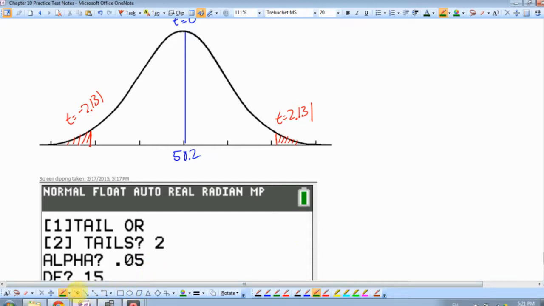Since this is a two-tailed test, the 1.13 could also be negative. It's negative in the equation. You're right, it is negative.